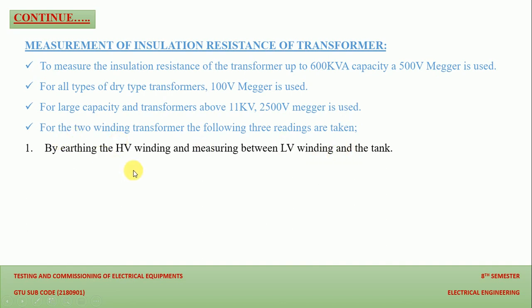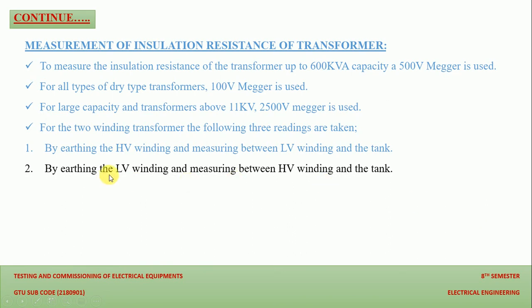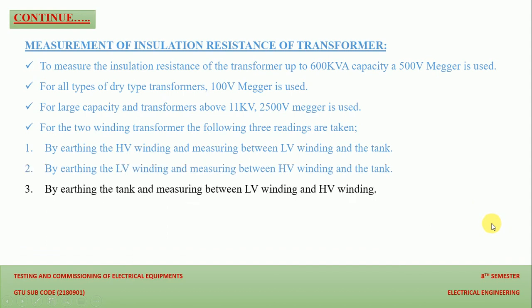HV winding we have to earth, and we check the insulation resistance between the LV winding and the tank. Then, after earthing the LV winding, measure the insulation between the HV winding and the tank. From that we can check whether there is any short circuit between the tank and the windings.